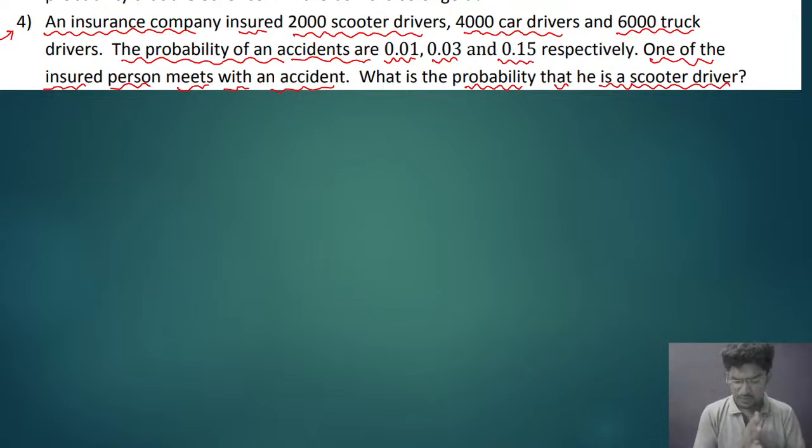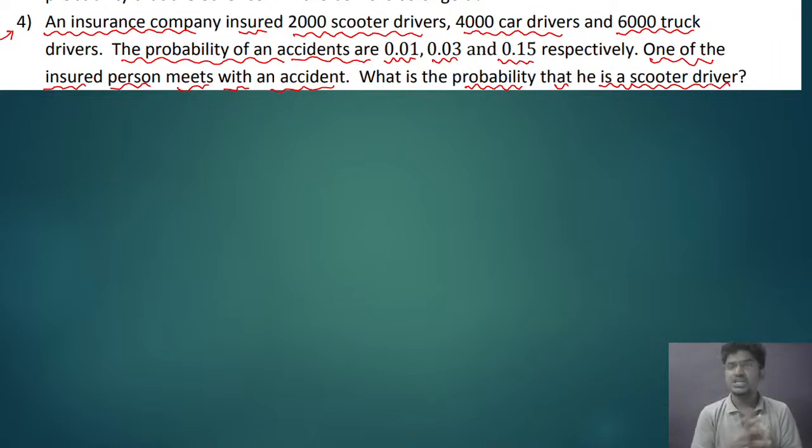Have you understood the problem? The insurance company has insured 2000 scooter drivers, 4000 car drivers, 6000 truck drivers. The probability of a scooter driver getting an accident is 0.01. The probability of a car driver getting an accident is 0.03.